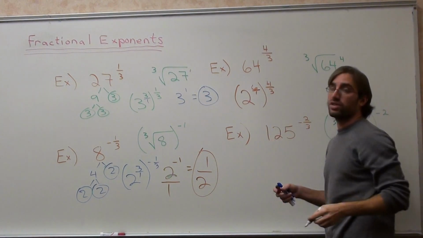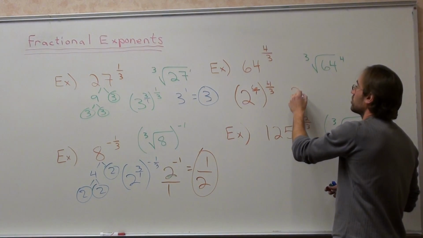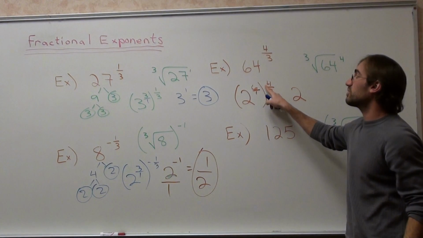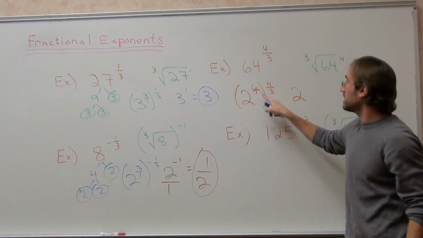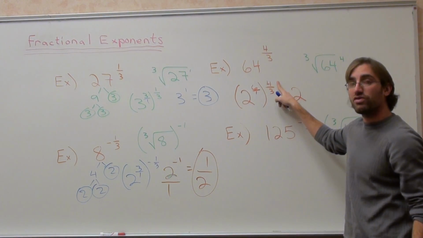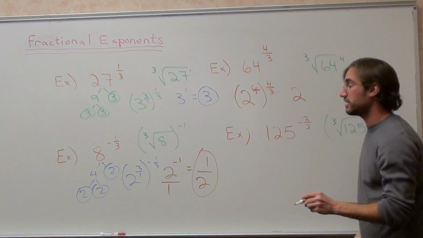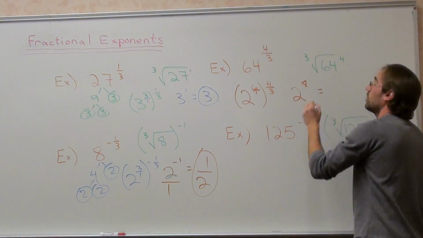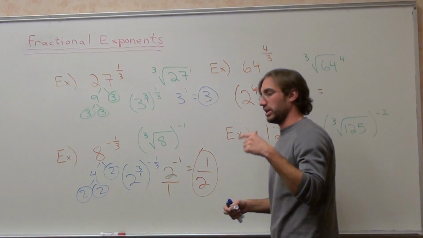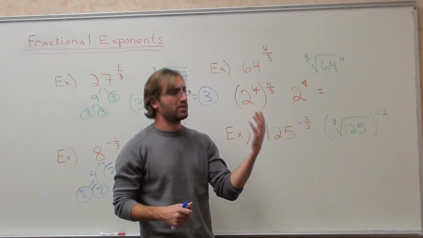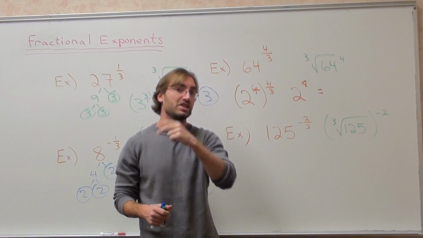And it's taken to the 4/3. That's the same thing as 2 to the 6 times 4 is 24, 1 times 3 is 3. 24 divided by 3 is 8, which comes out to 2 to the 8th, which is 4, 8, 16, 32, 64, 128, 256.